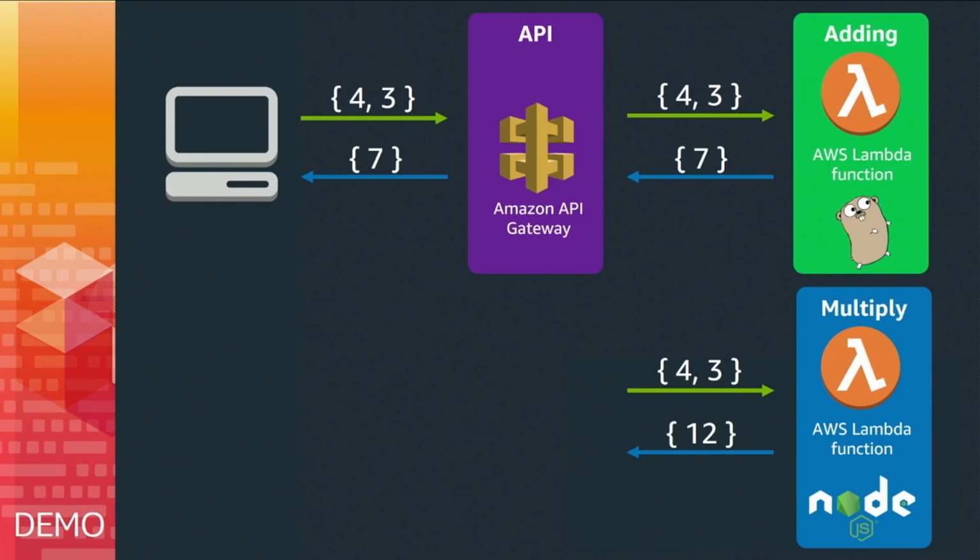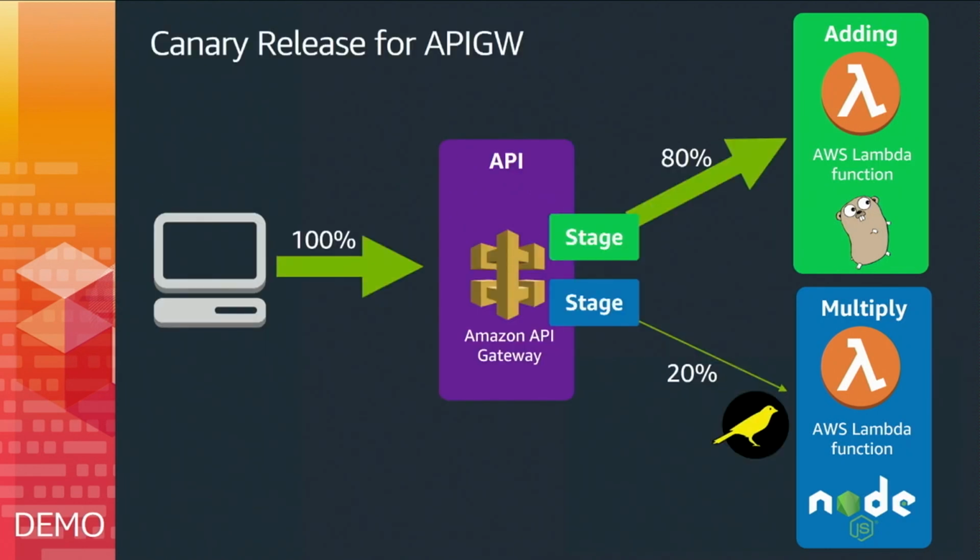But the reason I'm deploying it side by side is because I want to show you another feature for safe releases. And that other feature for safe releases is canary releases for API Gateway, so that you can gradually roll out new APIs or new API configurations in a safe manner. And this is how it looks. I'm going to create a new stage configuration in my existing application, but that configuration is going to be backed by my new Lambda function.